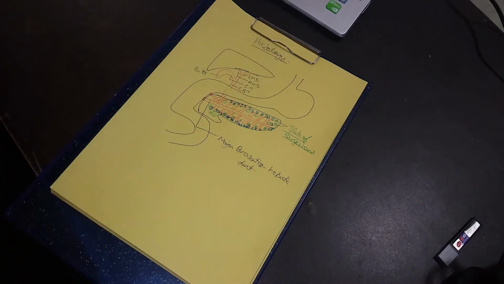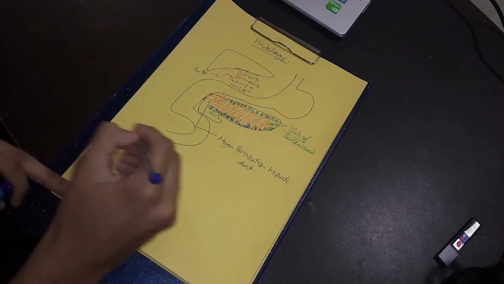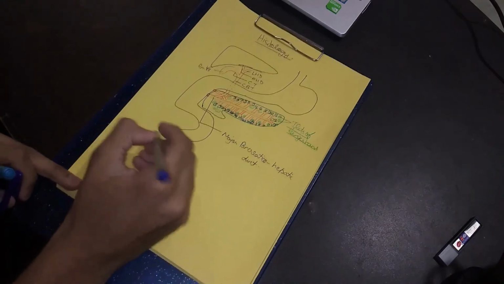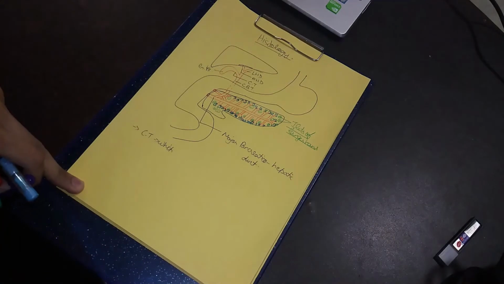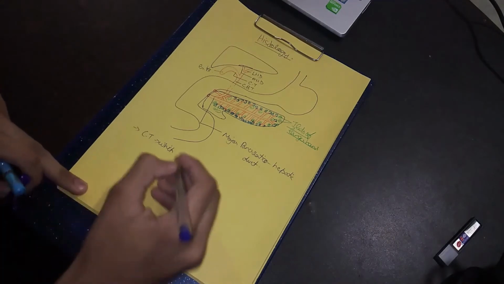We know that the connective tissue is present in the pancreas. The connective tissue has various septa which divide the parenchyma of the gland into various lobules. So we can write here, there is connective tissue present. Let me see, is the video running smoothly? Yes, it is.